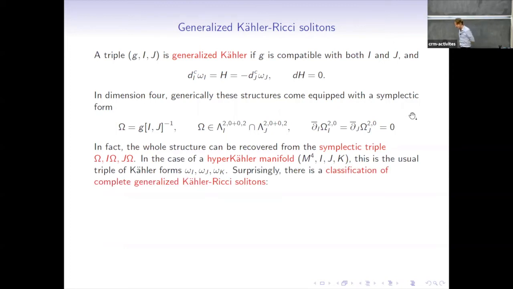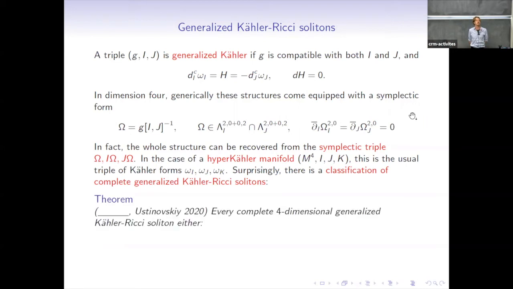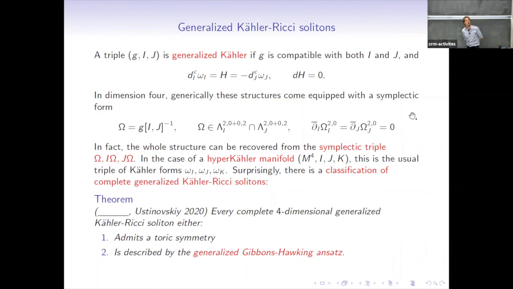And then, somewhat surprisingly, there's a rough classification, at least in part at the moment, of complete generalized Kähler Ricci solitons. With Yuri last year, we proved every complete four-dimensional generalized Kähler Ricci soliton either admits a toric symmetry, which is still a black box at the moment, since we're working on this case, or it's described by these generalized Gibbons-Hawking ansatz.